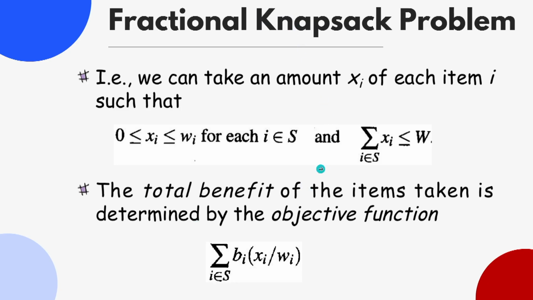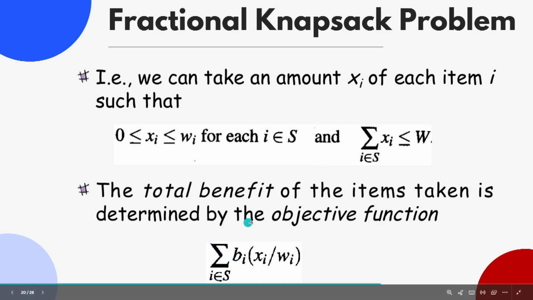We take only a fraction of that item, denoted by xi/wi, and we multiply that with the benefit and take the collective benefit. The reason for doing a summation here is that we want to maximize the benefit. We also have a constraint written for this problem: we do not exceed the total capacity of the knapsack. Whatever items and their fractional parts we have taken up, we sum them up and check that we do not exceed the total weight of the knapsack.